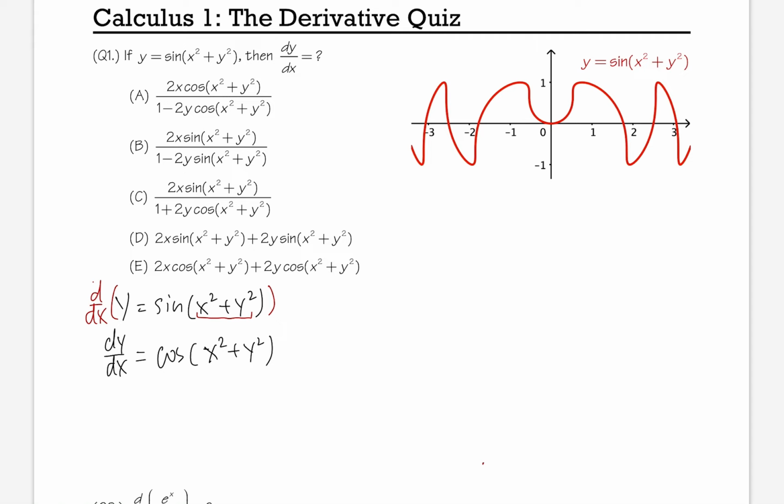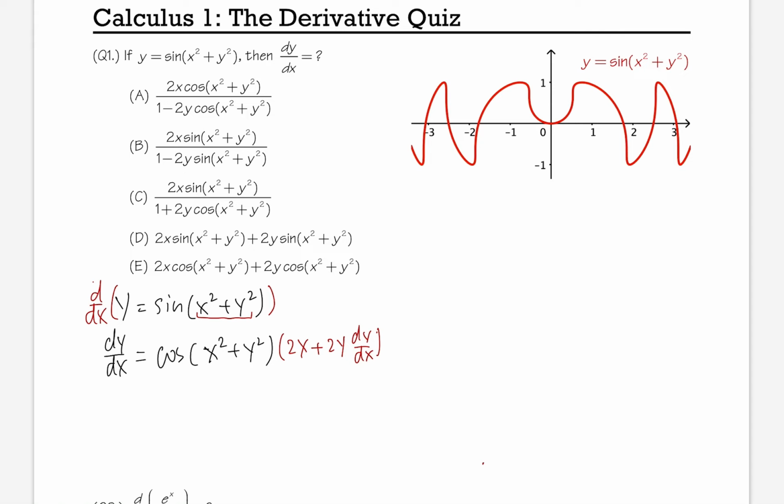But it has two terms, so make sure that you open the parentheses and then draw in the derivatives there. The derivative of x squared with respect to x is just 2x. And then we add the derivative of y squared with respect to x, which is 2y dy/dx, because y is a function of x and we are using the chain rule here.